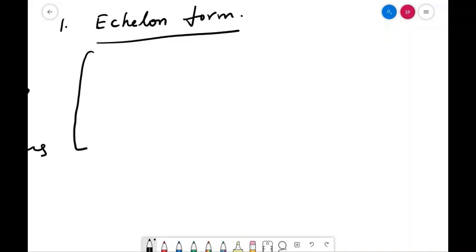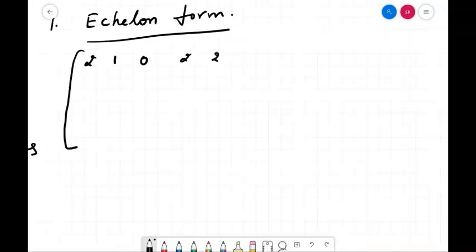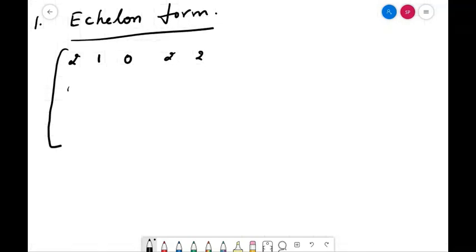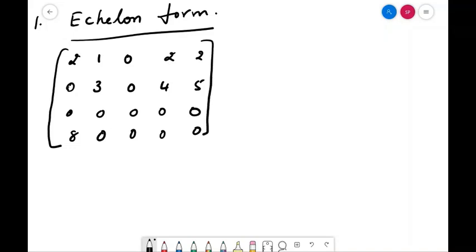One matrix I will be taking, that is 2, 1, 0, 2, 2, and then second row 0, 3, 0, 4, 5, and the third row 0, 0, 0, 0, 0, and the fourth row 8, 0, 0, 0, 0. Now let me explain some points regarding this matrix.